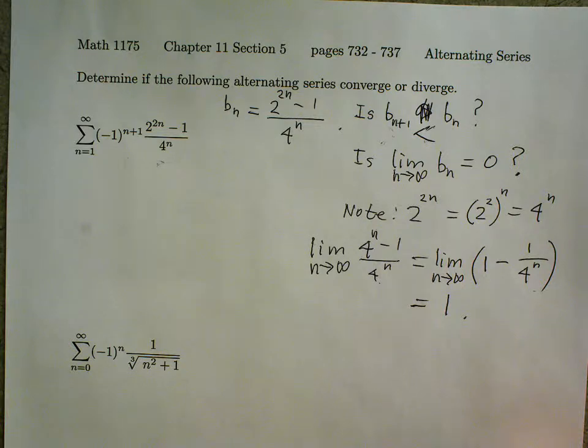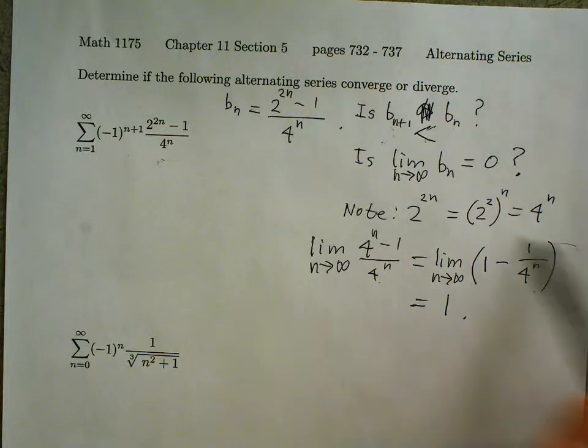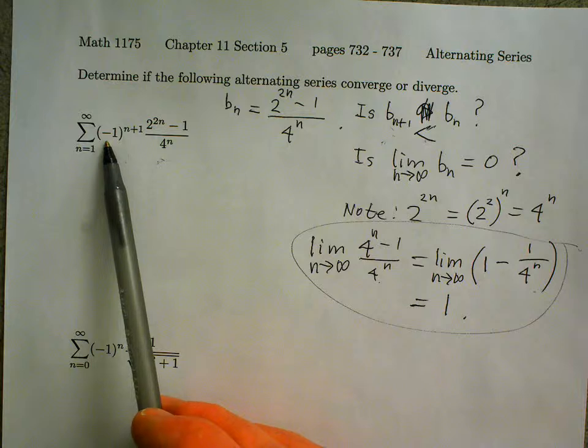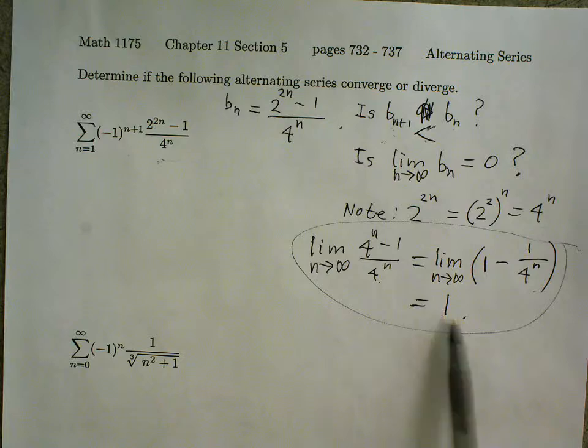Okay, so what else do we do then? We have other tests like comparison tests. We might consider seeing if the test for divergence tells us something. Since we took the limit of the b sub n terms, that's without the alternating positive to negative and so on, and we found that the limit does not equal 0.